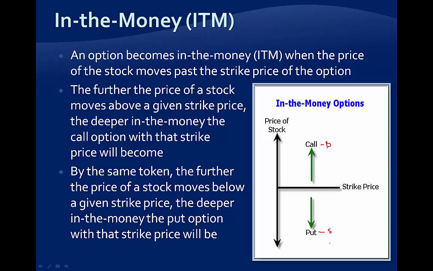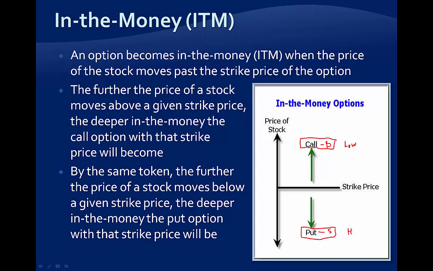Now, when we think about that in terms of value, what do you want to do when you're a buyer? That's my question. And hopefully all of you say, well, I want to buy low. And what do you want to do when you're a seller? Hopefully you say, well, I want to sell high.